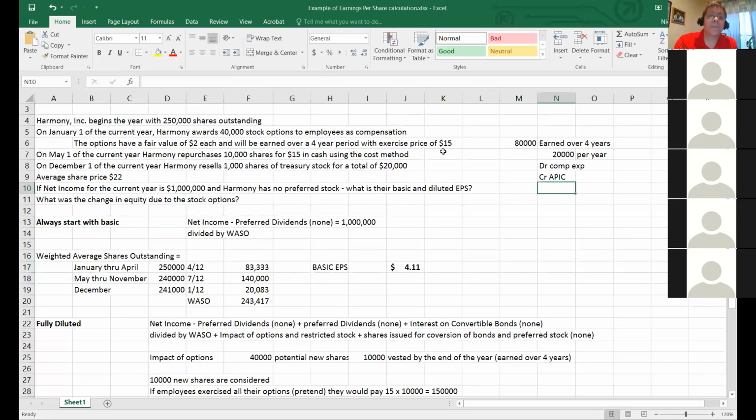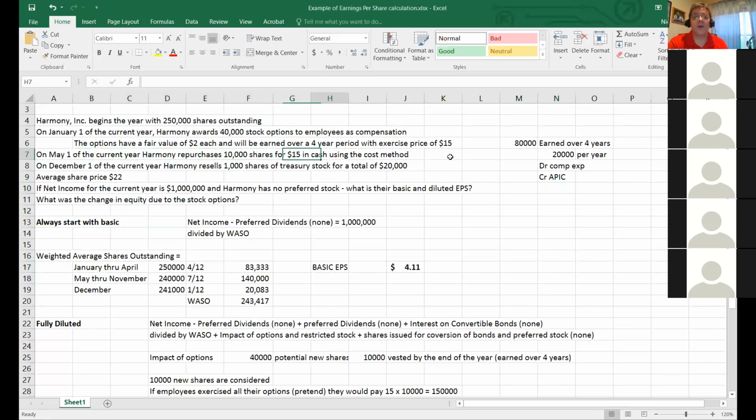All right. So on May 1st, we repurchased 10,000 shares for $15 in cash using the cost method. And we're going to assume the cost method for every situation unless told specifically otherwise.